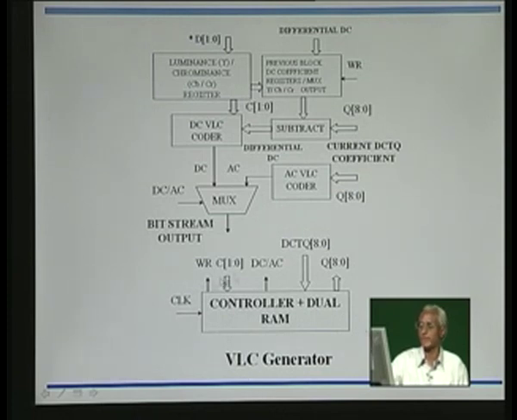This also has a controller with DCTQ quantization which you get from the previous stage, and whether it is a DC quotient or AC quotient is being set from here, and the color component you are processing is input here. Then a write signal is there, of course there is a clock, and you have DCTQ applied here, and a subtractor here which will take the previous block DC value, which is registered in these registers.